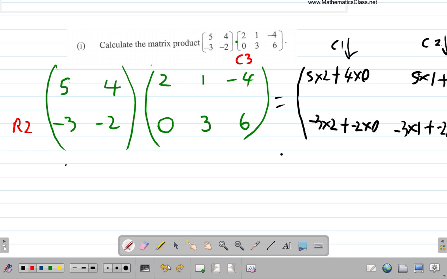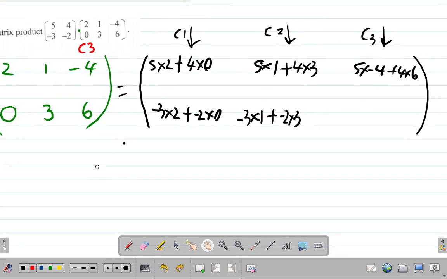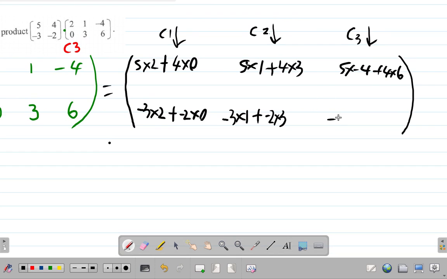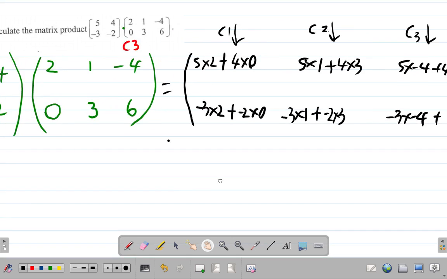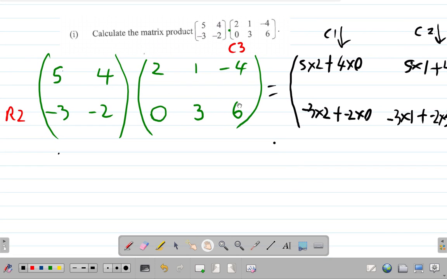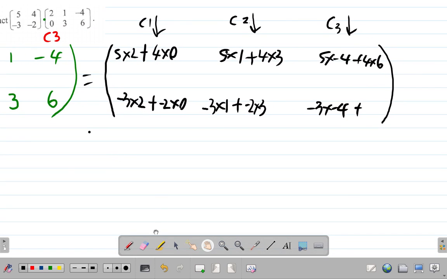Negative 3 by negative 4. Negative 3 times negative 4 plus negative 2 by 6.